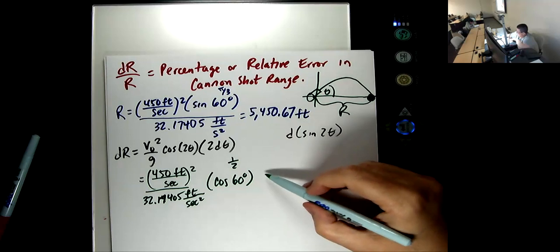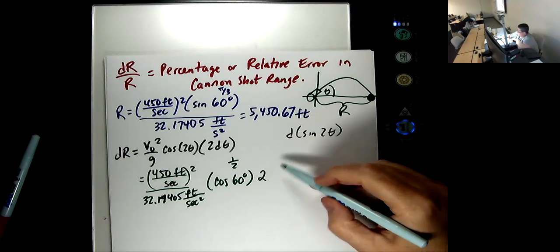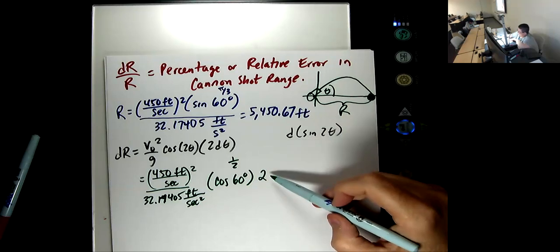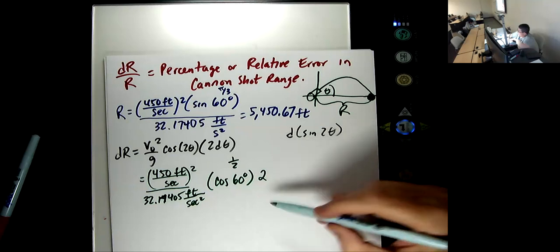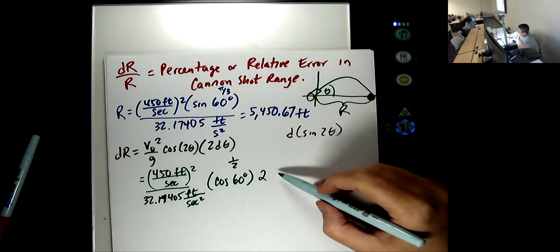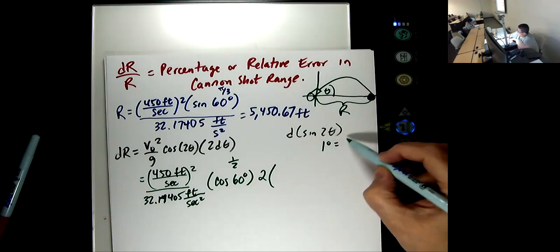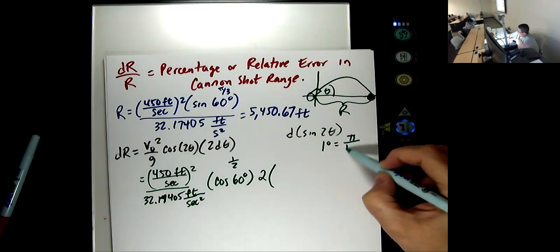And d theta, we want it in terms of radians because we don't want to have degrees in it. If we have degrees in it, it's degrees times feet. Radians are unitless though, so we're going to convert to radians. 1 degree is the same thing as pi over 180 radians.